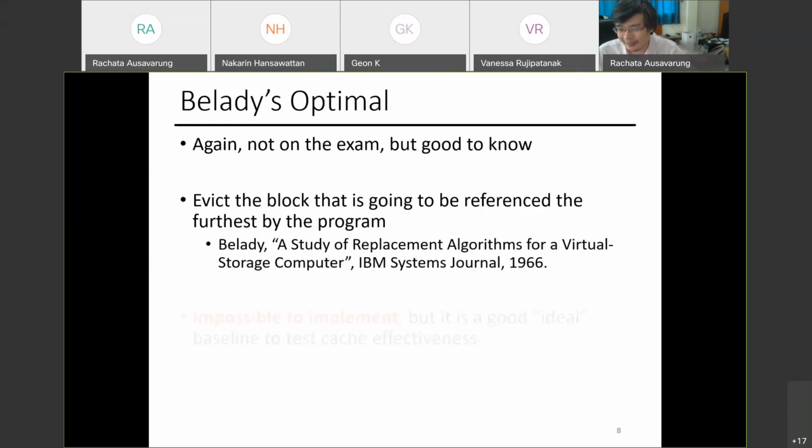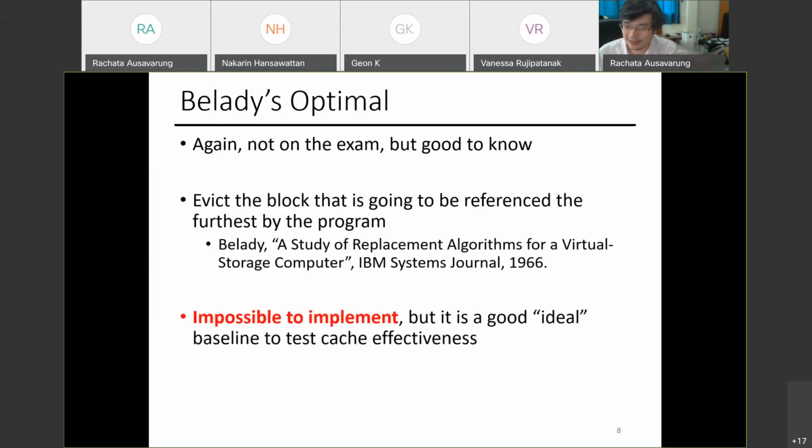It's impossible to implement, but you can try to come up with something that's close enough. And this is basically the ideal baseline where you want to test the effectiveness of your policy, the effectiveness of your program. All right, so that's it about replacement and eviction.